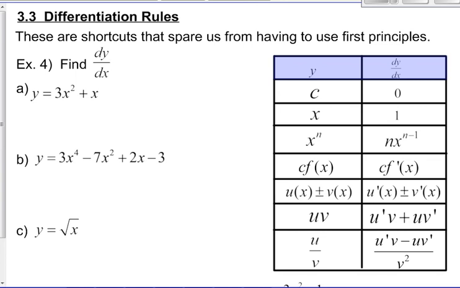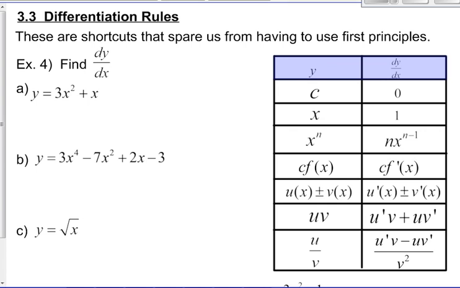Okay, remember the first thing we looked at was finding the derivative function, and it was somewhat painful because we had to figure out f of x and f of x plus h. Section 3.3 is all about finding little rules and shortcuts that spare us from having to use first principles and allow us to find derivatives quickly. We proved all of these in class, and that's why we can use them.